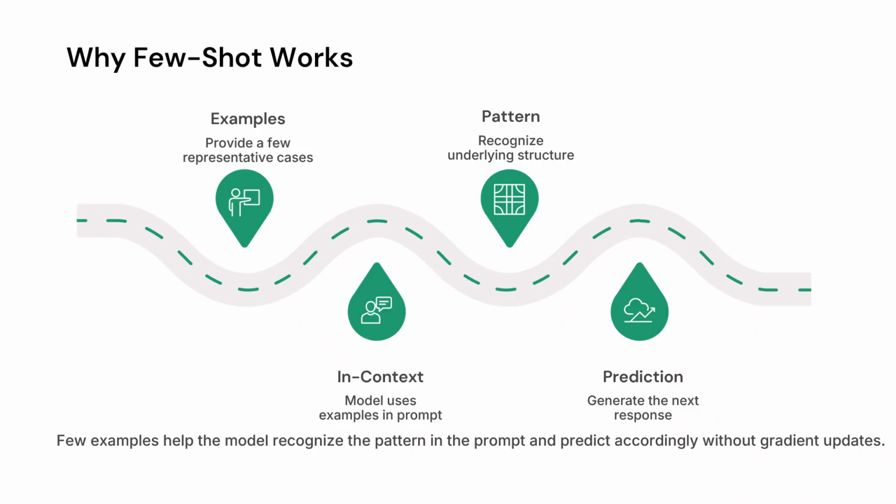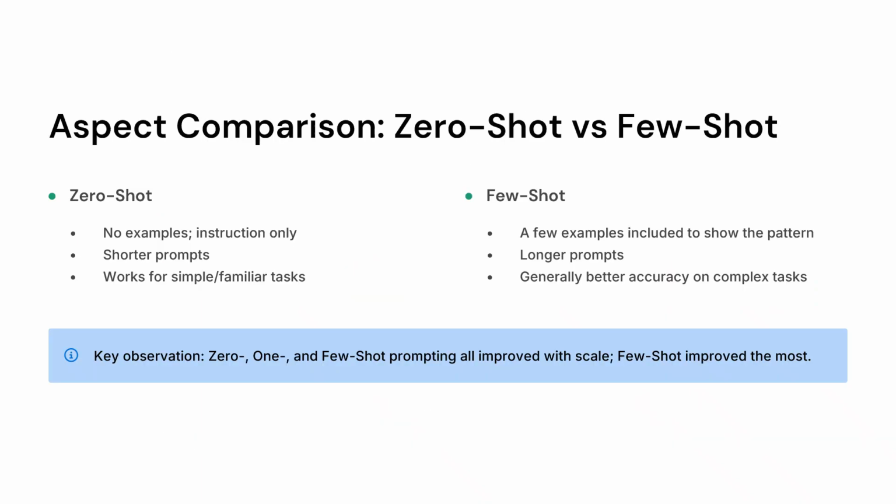And prediction, so it's able to generate the next response seeing all the previous outputs it has seen and what range it could have an output in. For example, for a sentiment analysis task, if we only give positive and negative answers, the model understands that for further tasks also it needs to answer only positive or negative.